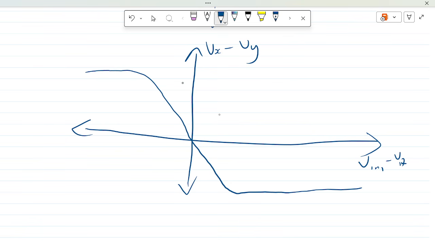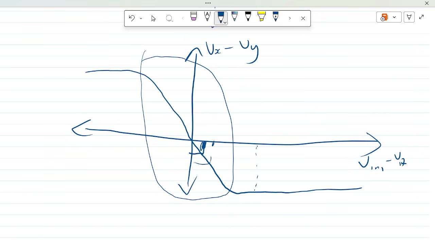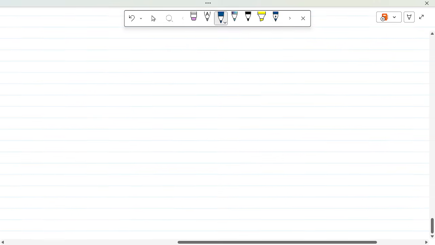Now what this means is that within a particular window there is voltage gain. If the differential voltage increases here, there will be a particular gain, but after this window, any increase in the differential input gives me no gain.